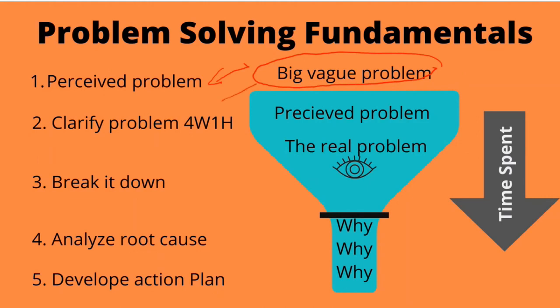Next, we need to clarify with the 4W and 1H we learned in the previous slide, perceiving the problem and then really defining exactly the real problem. It could be better than what is anticipated as something that is vague, the noise. So we will look at the noise and where it comes from. It could be zoomed down to maybe one of the components or which side of the computer is having the problem, and at that side, what exactly is the assembly.